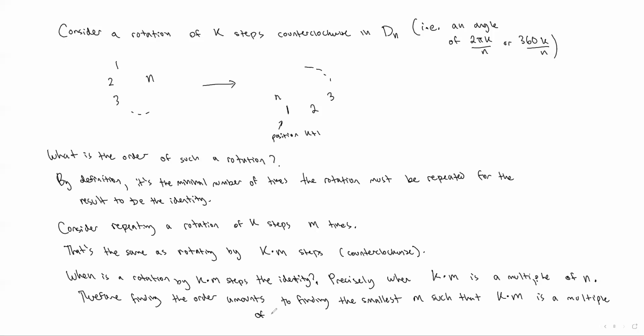So now the problem is very concrete. We just have a problem that has to do with numbers. We're given a k, we're given an n. What's the smallest multiple of k which is a multiple of n? So how do we find such an m? Now this comes down to just your skill with number theory. So here's how to find the smallest m.